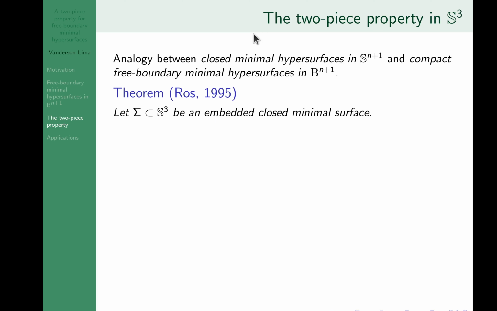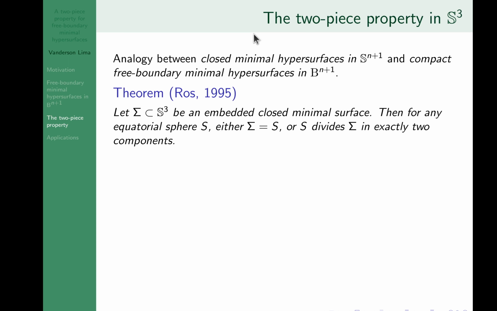Suppose I have a closed embedded minimal surface Sigma in the round three-sphere, and take any equatorial sphere. Then either Sigma is equal to this sphere, or the sphere divides Sigma in exactly two connected components. So this says that the embedding cannot be very complicated.